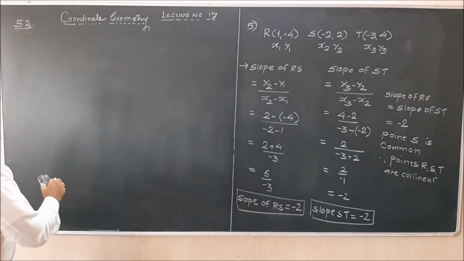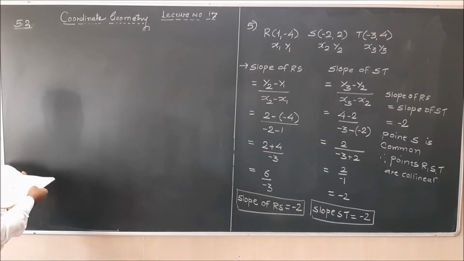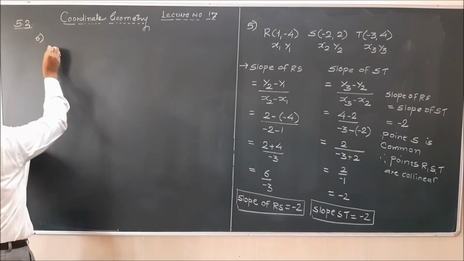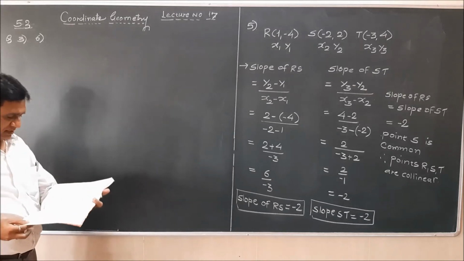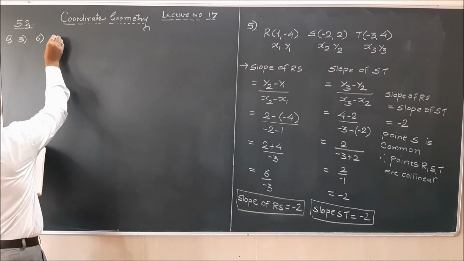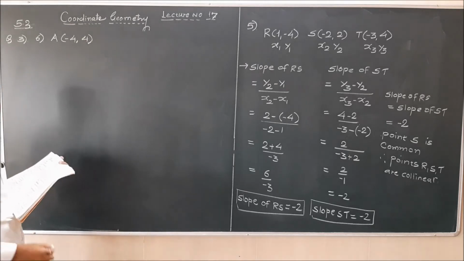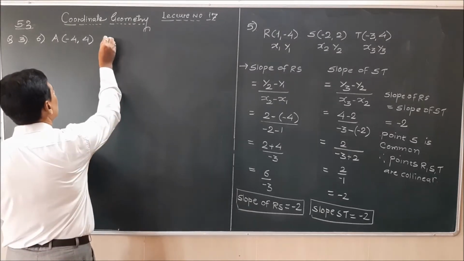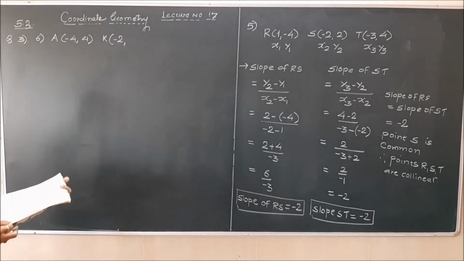So next is the sixth one of question number 3. In this you will find they have given us A as minus 4, 4. Then next to that, coordinates of K are minus 2 comma 5 upon 2.